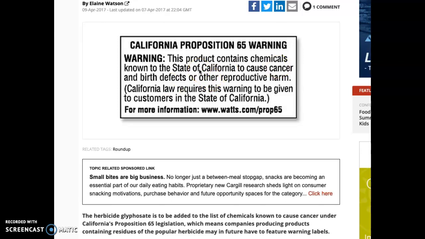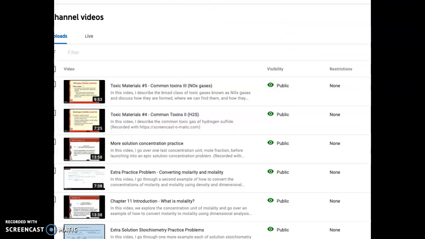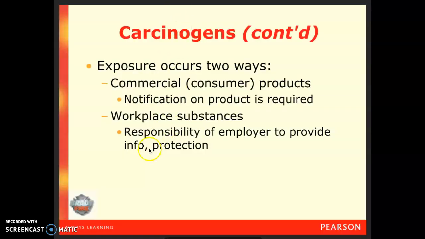If you look on any consumer product, it seems nowadays, you'll find one of these warnings on it, especially if that substance has any kind of plastic on it whatsoever. So that's something that you see very, very commonly, that Prop 65 tag.